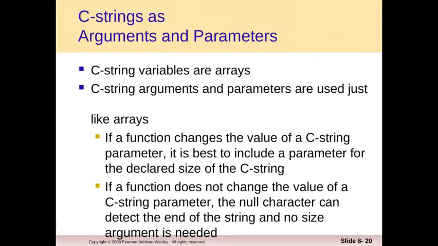If you have functions that only read from the C string, then you don't have to pass in the length as an extra argument or anything, because the length can always be obtained by just searching for the \0.